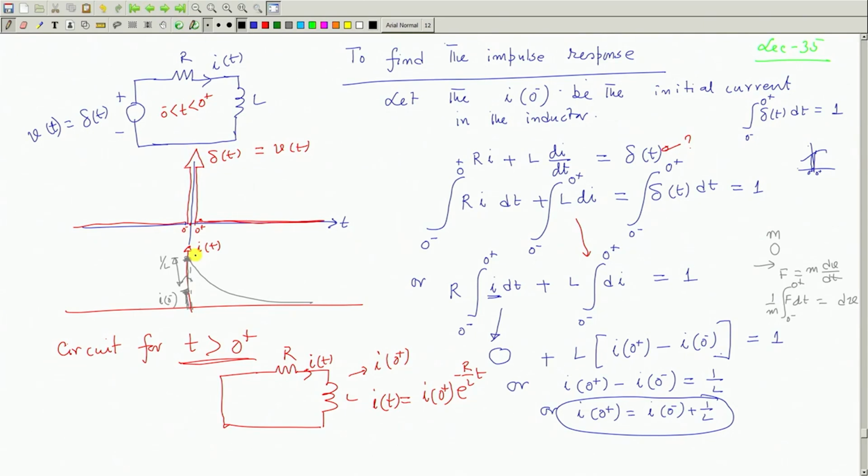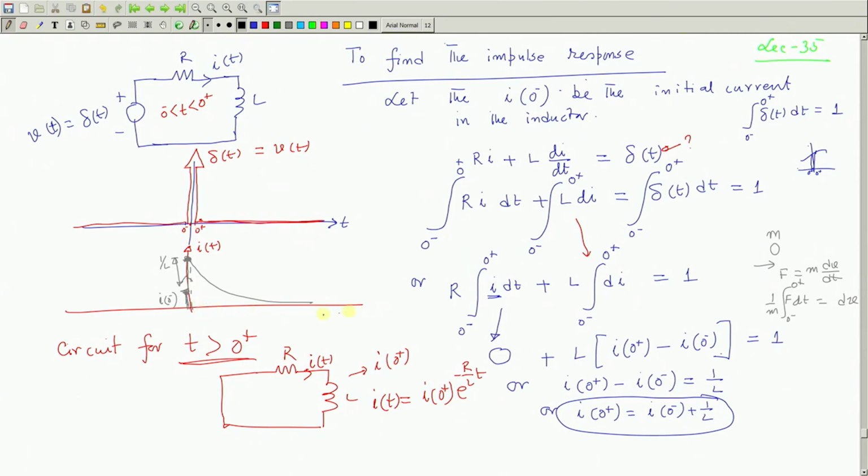What happens? We want to know the current for time t greater than 0. Now, for t greater than 0 plus, there is no excitation. The impulse came at around t equal to 0, and then it vanished.